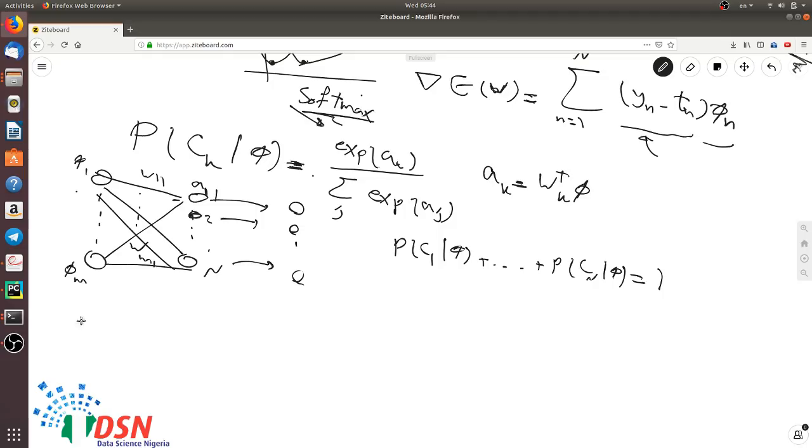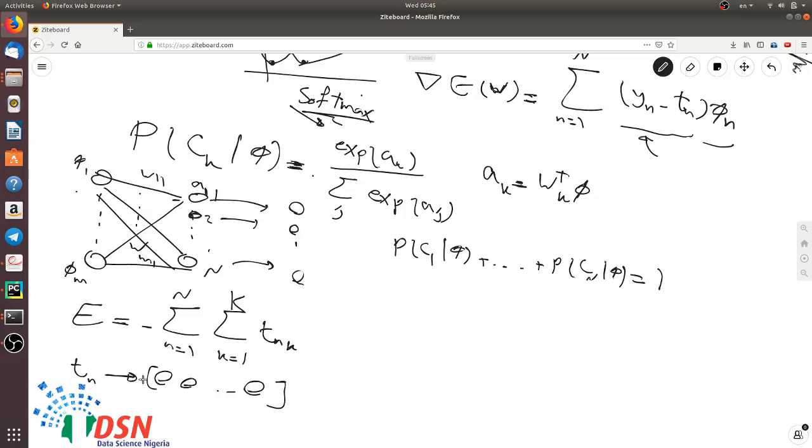Similarly, if you apply maximum log likelihood, it means that the cost function is minus the sum over all data, sum over all classes, of t nk log y nk. Here t nk means the output of the nth data and class K, because the specific data has different elements, and each of them corresponds to the output value for each class.